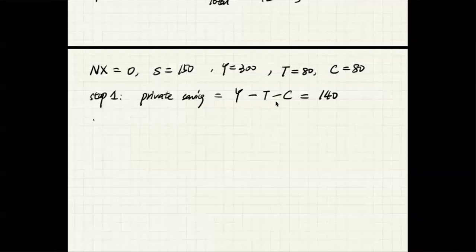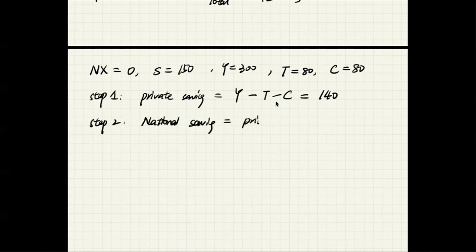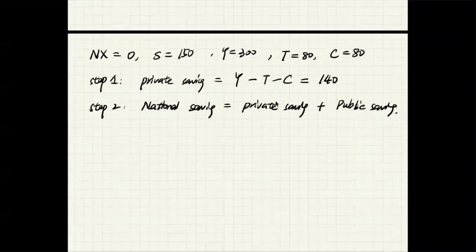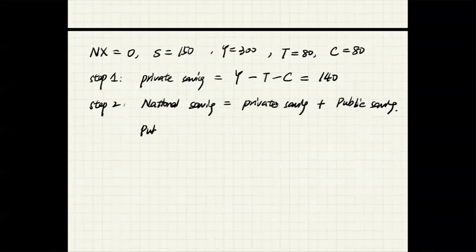Which is 140. And step 2, the national saving. The national saving is actually private saving plus the public saving. So now you know what the public saving is.